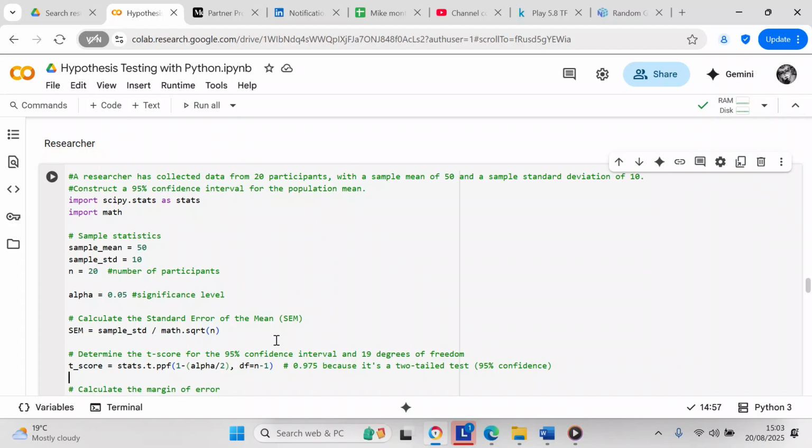So t-score equals stats.t.ppf, that's percent point function, brackets 1 minus alpha divided by 2, comma, df equals n minus 1. So you have 0.975 because it's a two-tailed test with a 95% confidence interval.